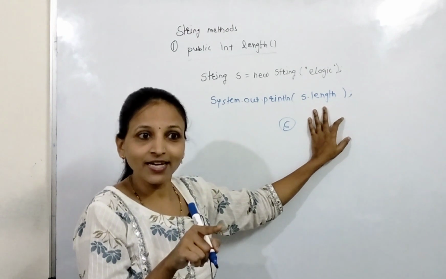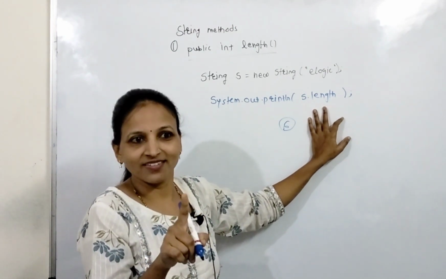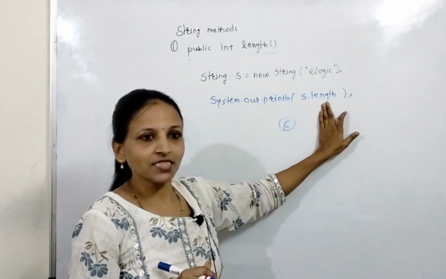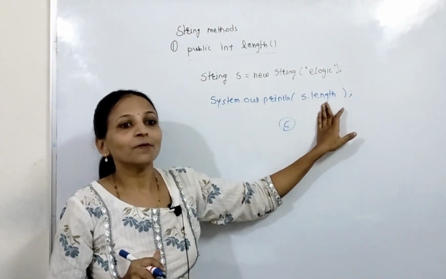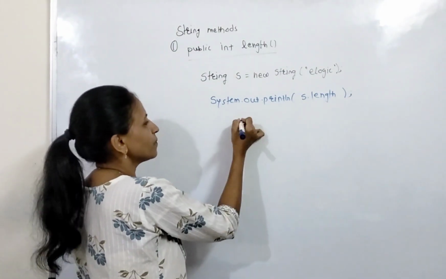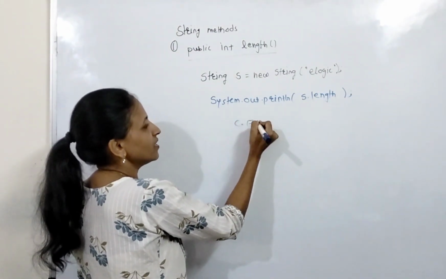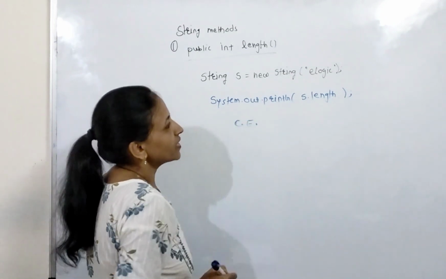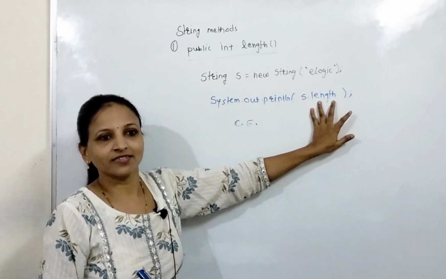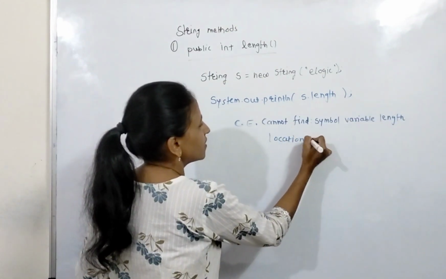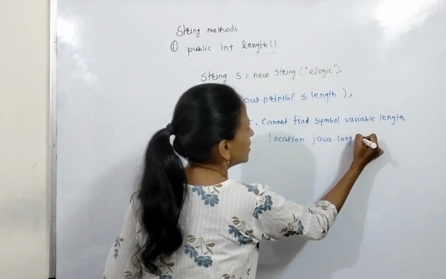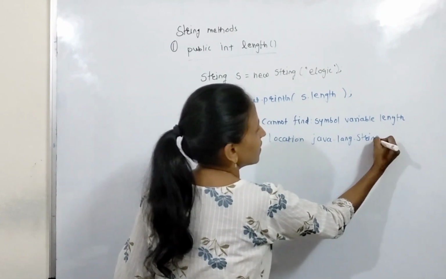In an array, length is a property. Always keep this in mind. If you write it like this, you will get a compile time error: cannot find symbol, variable length, in class java.lang.String.